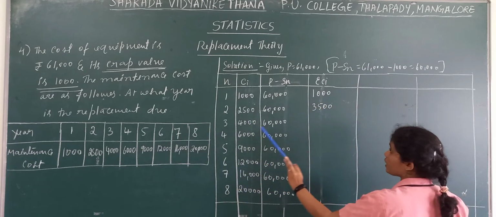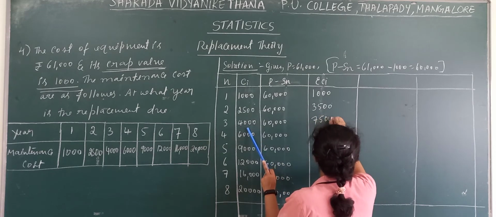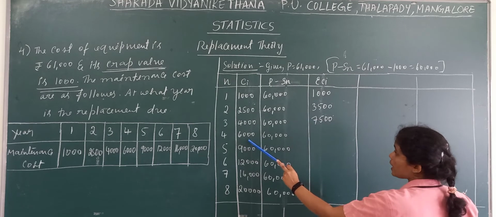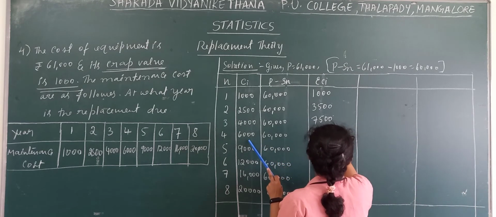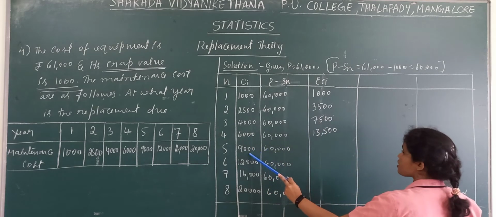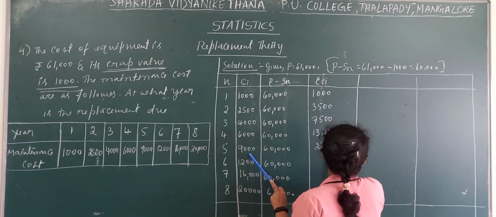Now 3500 plus 4000, that is 7500. Now 7500 plus 6000, that is 13,500. Now 13,500 plus 9,000, that is 22,500.